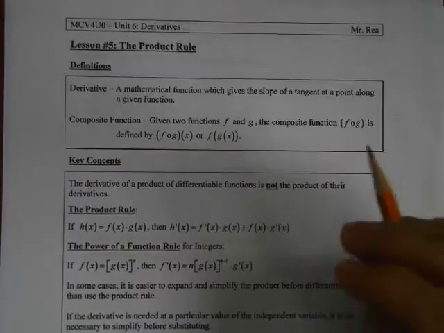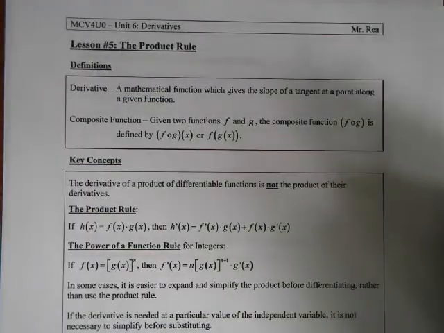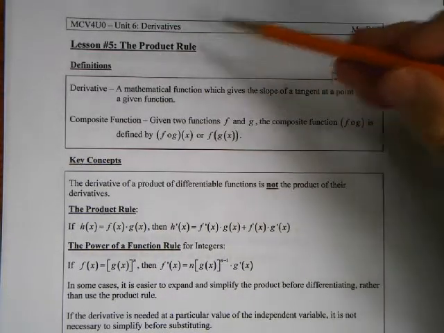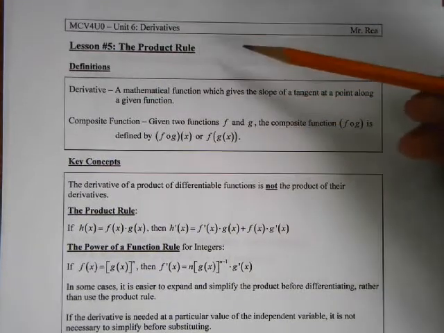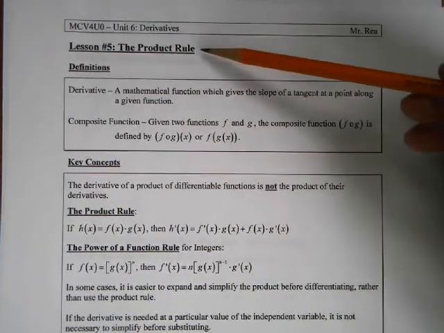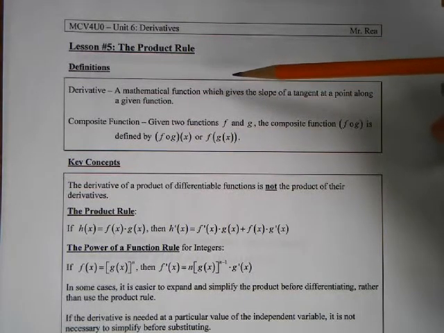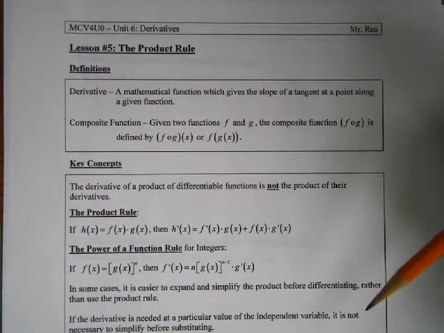Okay. So the product rule. Now the last rule we did was the derivatives of composite functions, or the chain rule. When I first taught this course, I would usually teach product rule and then the quotient rule and then the chain rule. But the chain rule comes up more often than I thought it would.